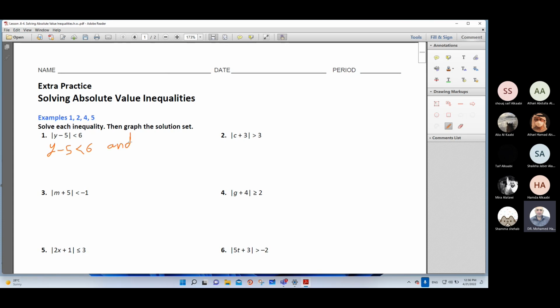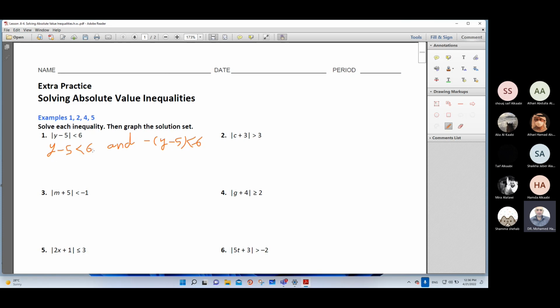The second case, the value inside the absolute value is negative, which means multiply it by negative. Then solve the first inequality and solve the second inequality.